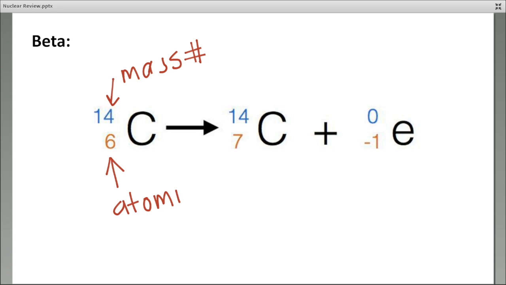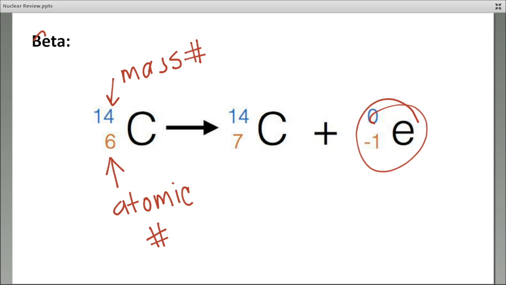But you can see instead of a He at the end, we have an electron. And so it's a mass of 0 basically, because electrons are tiny and they don't really have any mass compared to protons and neutrons and atoms. And then the charge is -1. So because 6 minus 7, right, would be -1.